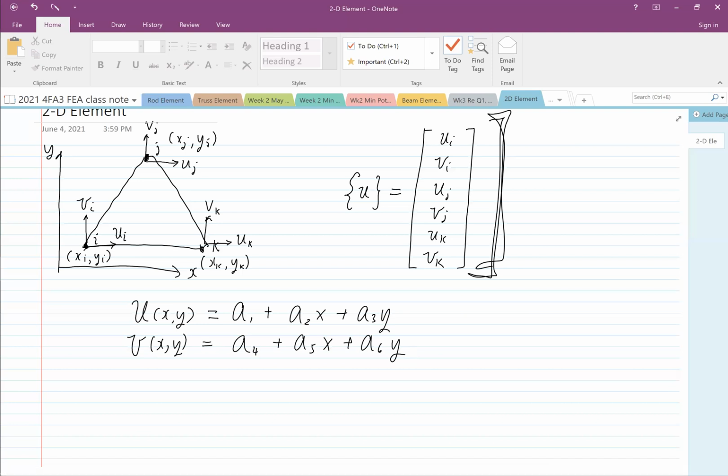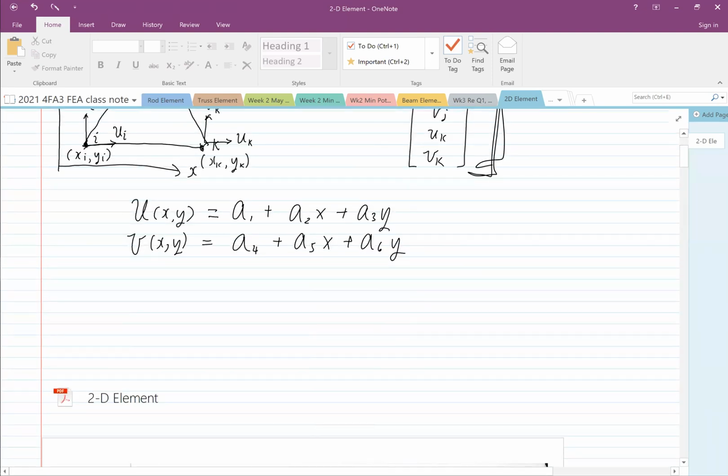Okay, so far so good. Then this is what we assume, right? And we know exactly what's going on at node i. At xi and yi, the movement along u is ui: a1 plus a2 xi plus a3 yi equals ui.